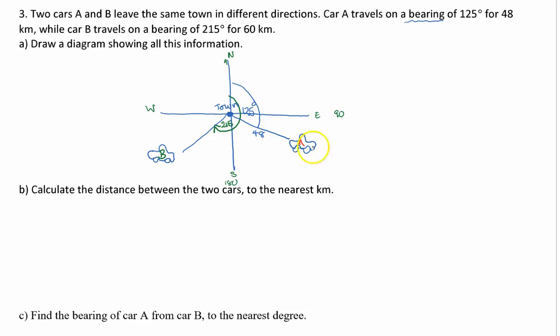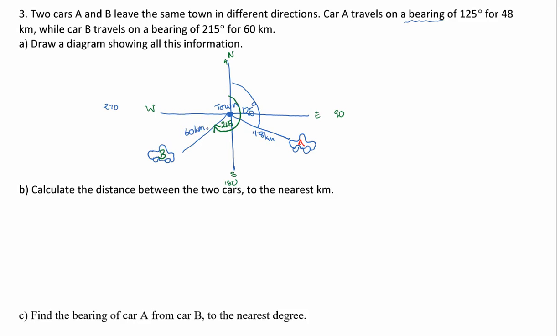So it's in this quadrant. And for 48 kilometres. I'll just fix that up, put a kilometres on there. And car B travelling on a bearing of 215, obviously between 180 and 270. 215 comes between there. And that's car B, and I should have 60 kilometres here.